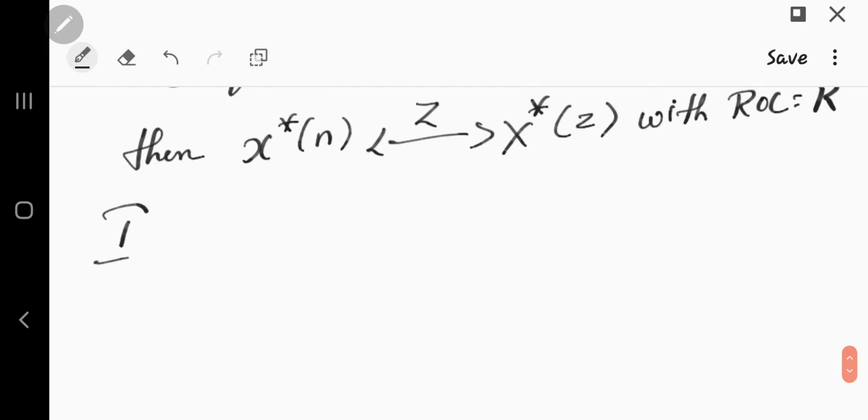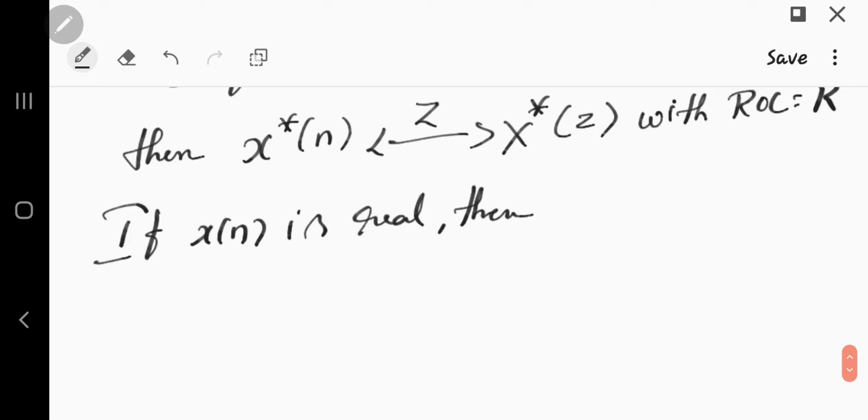So if x of n is real, then x of z is equal to x star of z star.